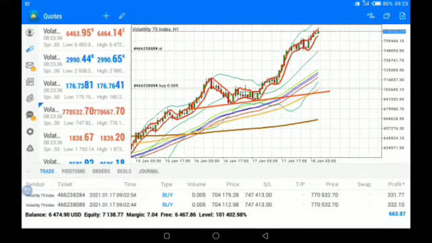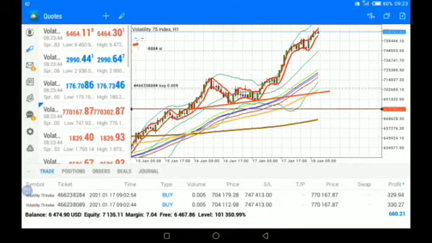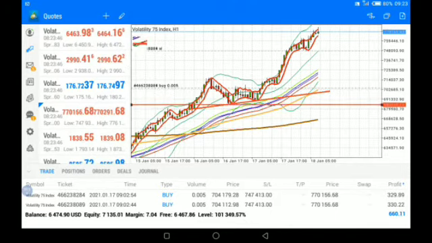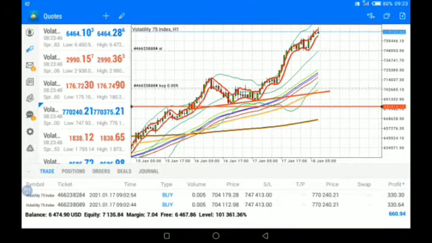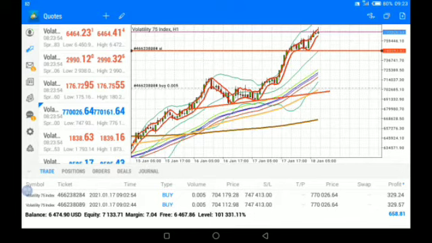I only placed my SL around yesterday when I took the trade. I placed my SL somewhere around here. But before I went to bed, at about past 12 midnight, I extended my SL to this point.